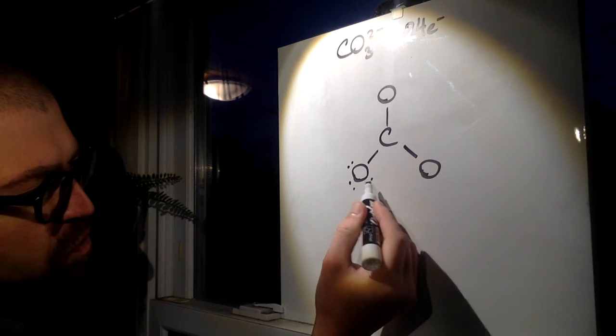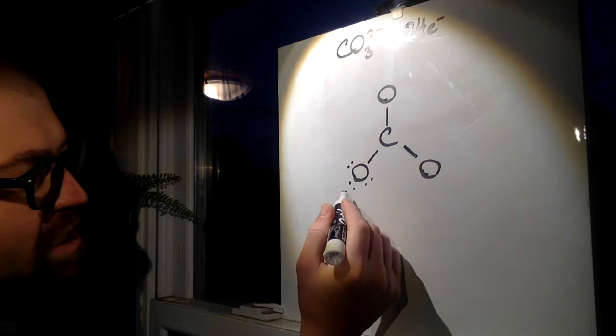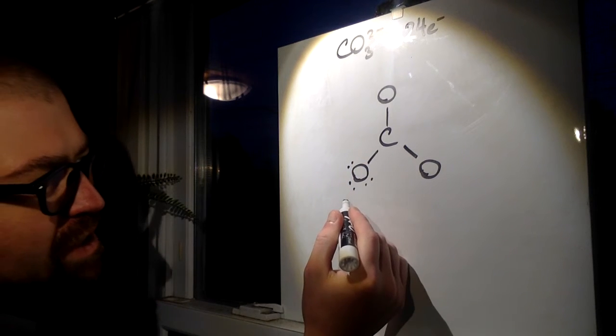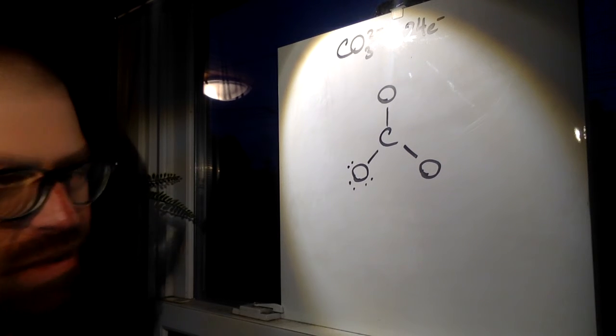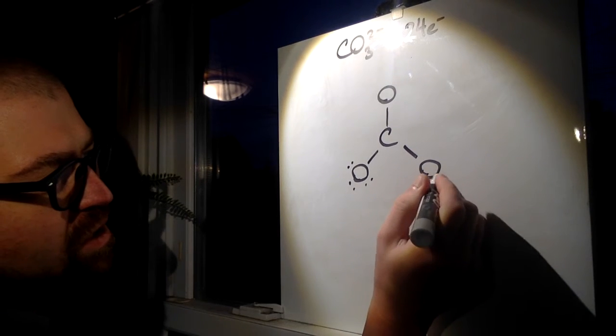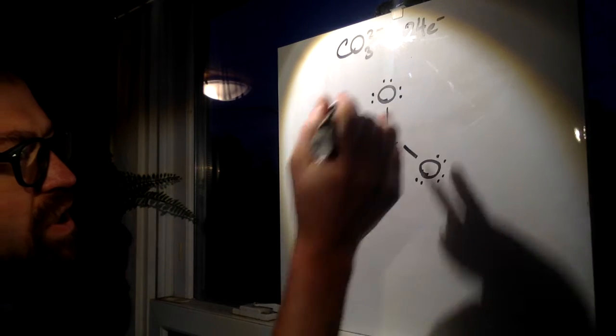There's 2, 4, 6, 8, right? So again, total around it. And now that oxygen is complete, if you will, right? And so we can do the same thing with that oxygen and that one as well.